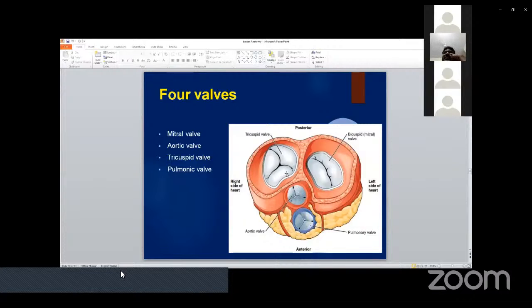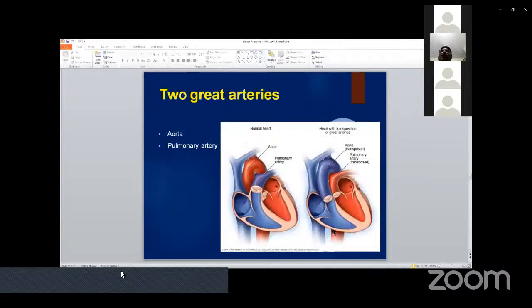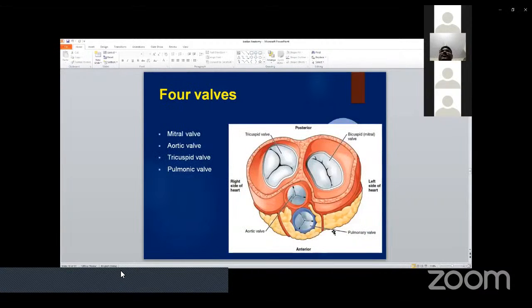As you know very well, the top 2 chambers are the right atrium and left atrium, and below are the right ventricle and left ventricle. Now I will explain the 4 valves and their location.